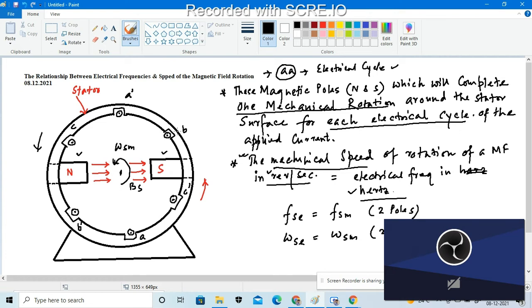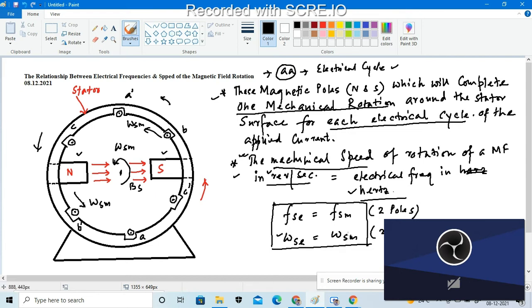Here the rotation we are considering omega of Sm, here also we consider omega of Sm. So this will be the rotation. That means the rotation is in the anti-clockwise direction, and for these two conditions, we are told that f of AC is equal to f of Sm, whereas omega of AC is exactly equal to omega of Sm.